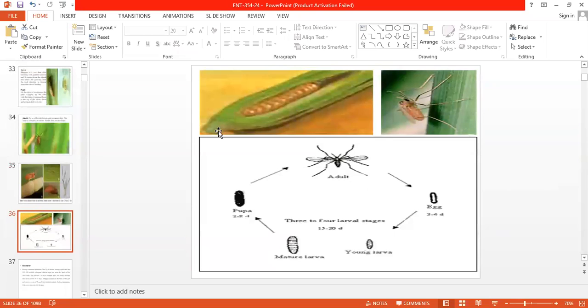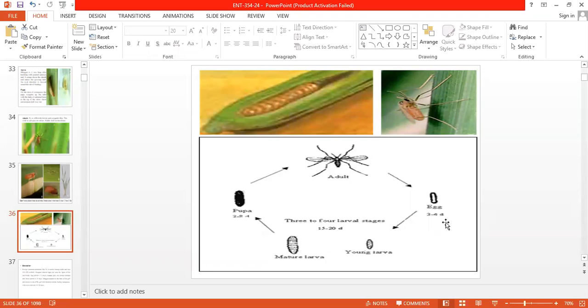In the life cycle there are 4 life stages: eggs, larva, pupa, and adult. So mainly the adult deposits near about 100 to 300 reddish elongated tubular eggs just near the ligule of a leaf blade. Then the egg period is near about 3 to 4 days.